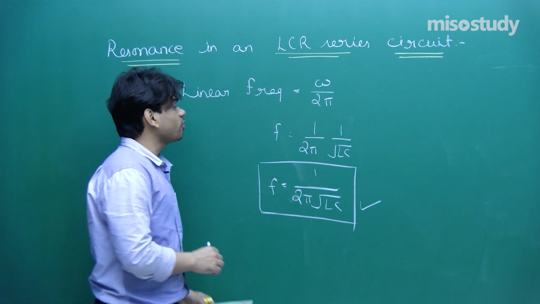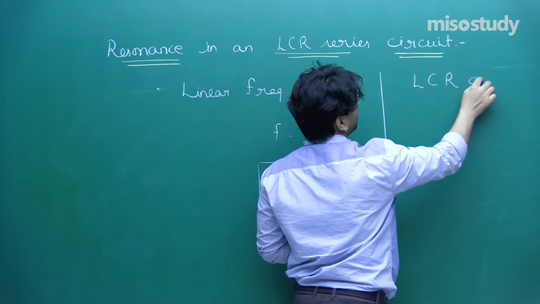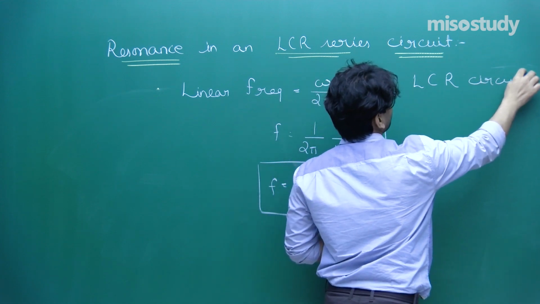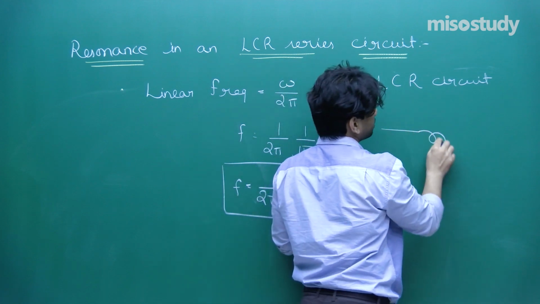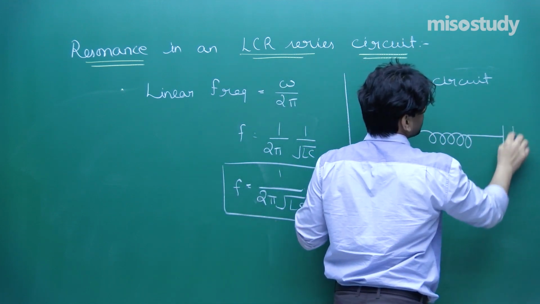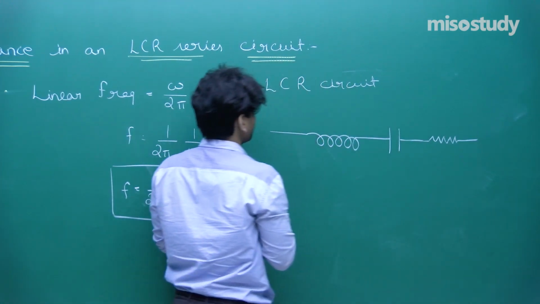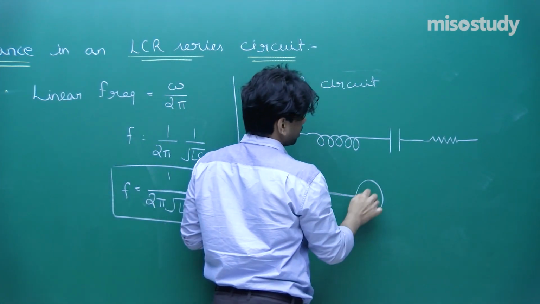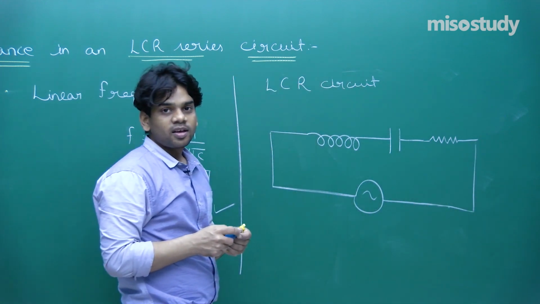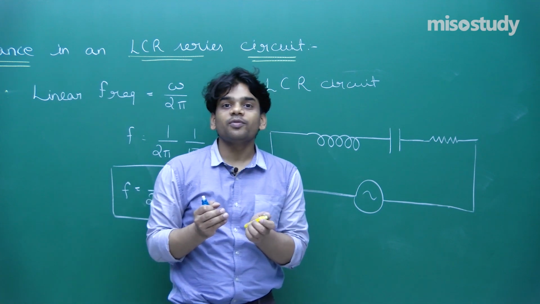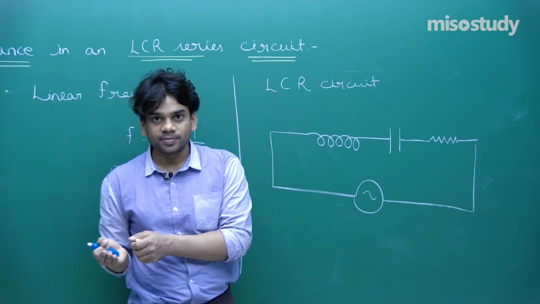Now, one thing in the case of LCR circuit, you all must be knowing about the LCR circuit as I discussed in the last class. If I just give you a quick recap of what we did in the LCR circuit, this was the case. And now you will understand from here why we are discussing this. We saw when the voltage is going to lead current and when the voltage is going to lag behind current.